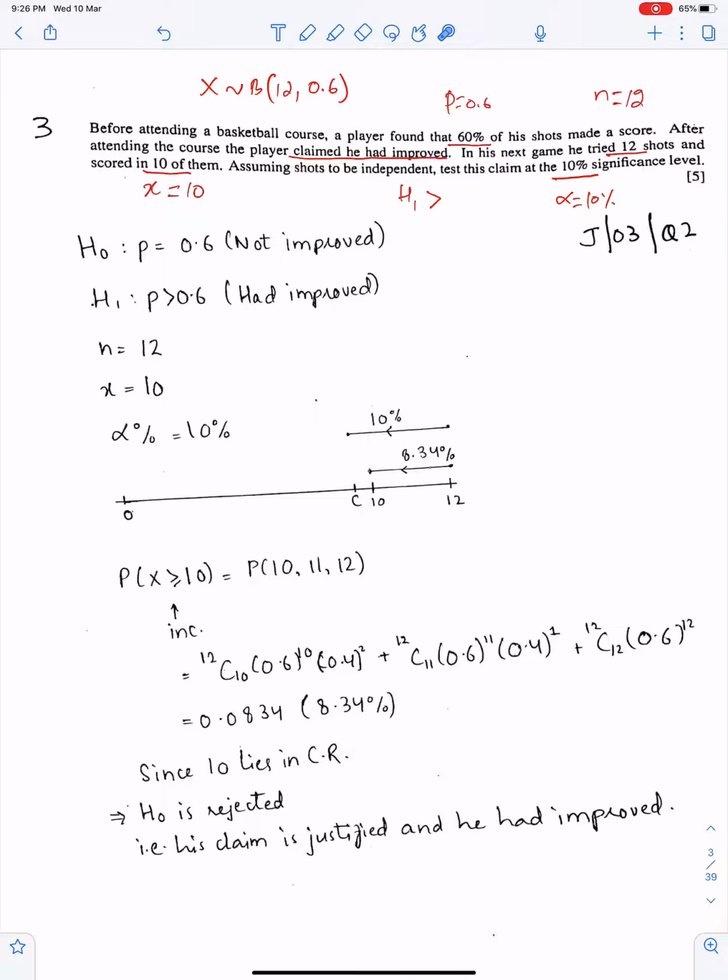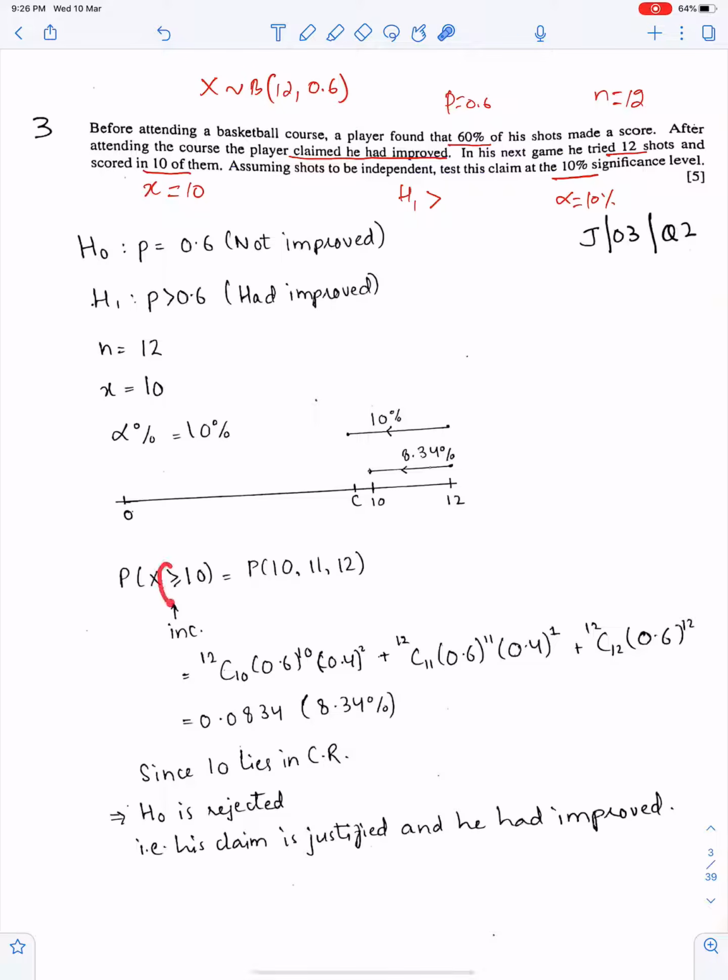Now, we just need to check whether this test value lies here or here. If the test value lies in critical region, we will reject H naught and we will accept that the player had improved. If the test value lies here, we will accept H naught and we will reject the claim. So first work for the probability of test value.